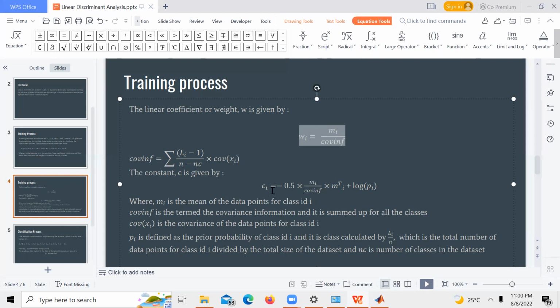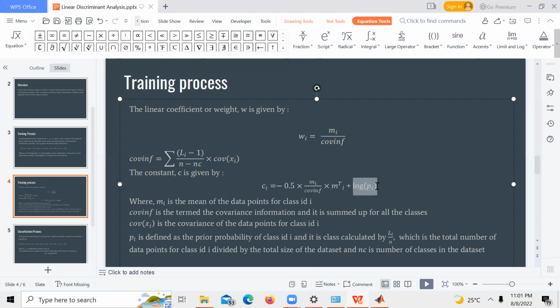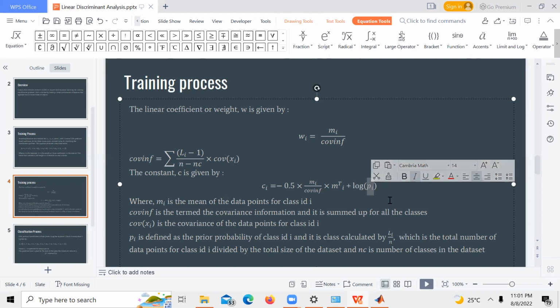Okay. Then in the constant estimation, how do we estimate the constant? We estimate the constant using this formula. We find the transpose of the mean that we found here. Then we multiply it. Then we have this pi, which is a new variable.